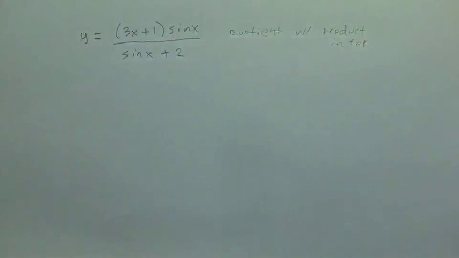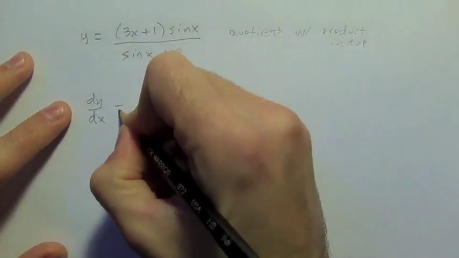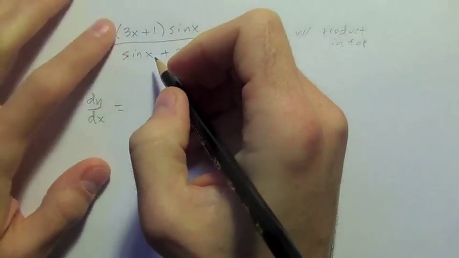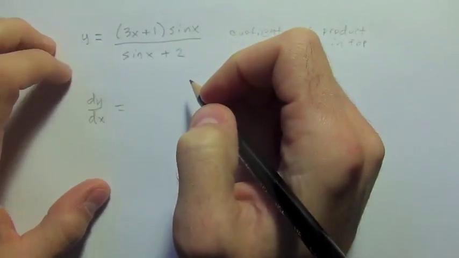I always think it's a good idea to make a note to yourself of what rule you're going to use. Tell yourself, this is a quotient rule, but I have a product rule in the top. So when you go to do the first step of the quotient rule, which is the derivative of the top, you know that that's going to be a product rule.